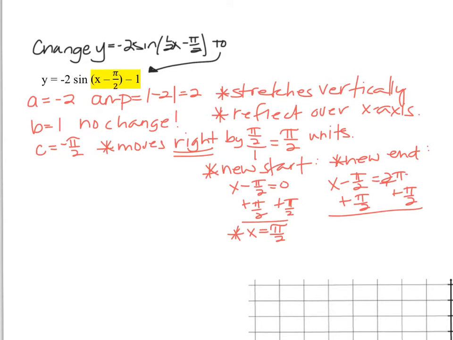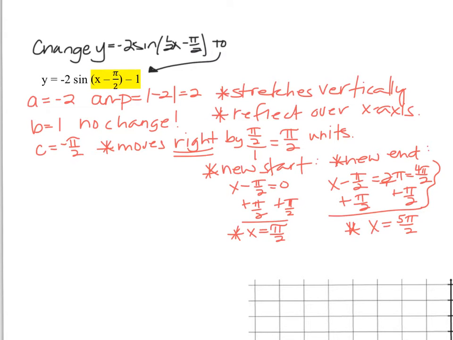And if I want to get a common denominator, that'd be the same as 4 pi over 2. The graph will end at 4 pi over 2 plus pi over 2, which is 5 pi over 2. And we'll be able to make the values in between just by looking at the graph. This will be easy to set up all the values for the x in the transformation.